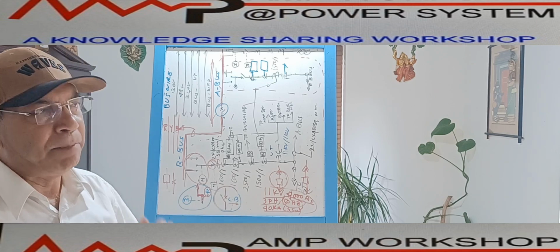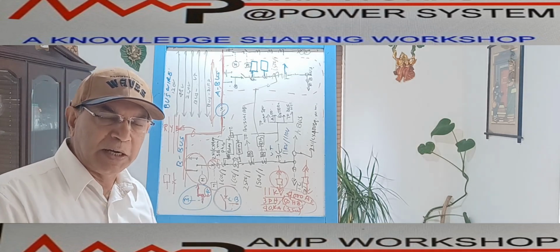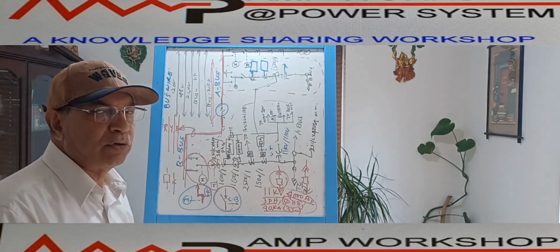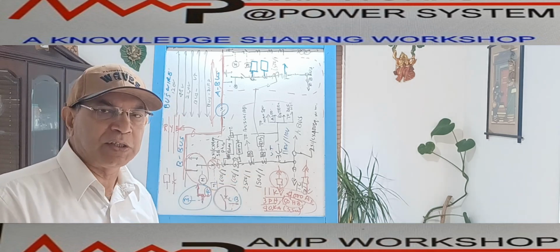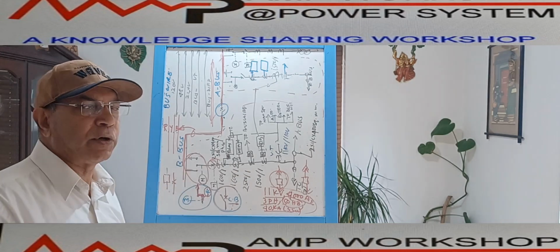Then, because this is 11 kV switchgear, we have a bus bar differential, so there will be a bus bar differential CT. Then this generator has a 20 MVA rating, so it needs its own differential protection. So the generator's own differential protection CT will be there. These are the four major CTs required for this feeder.